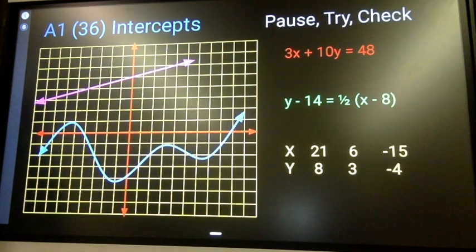Name the x and y-intercepts that you can see from the blue squiggle and the pink line, and also see if you can figure out the x-intercept for the pink line that you can't see. It's over here. All right, off the graph. Hit pause, try them. A solution will appear after a while.